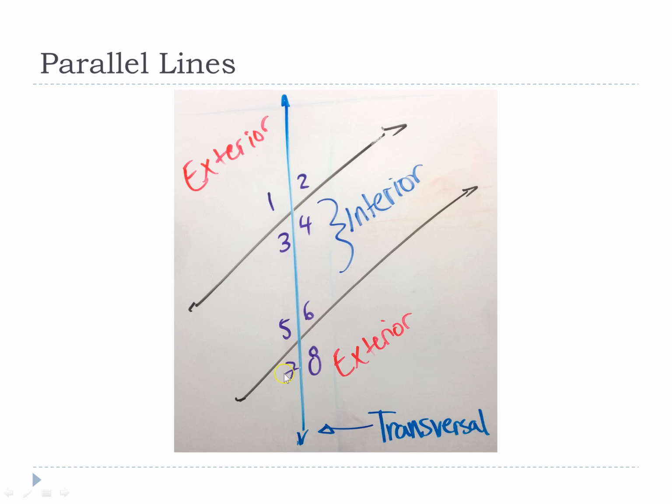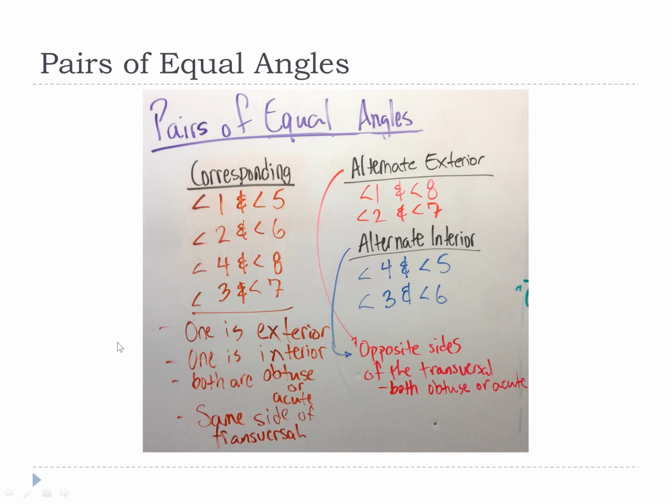Angle 2 and angle 7 are also both exterior on opposite sides of the transversal, and both are acute. And if I look at the pairs on the inside, the interior angles that are on different sides of the transversal, you see that they are also equal. 3 and 6 are both acute. 4 and 5 are also both obtuse. So this leads me to alternate exterior and alternate interior angles, and they are also equal. So these are pairs of equal angles.